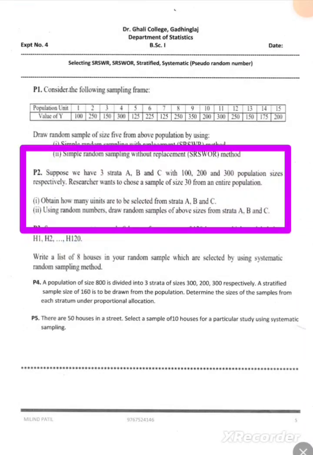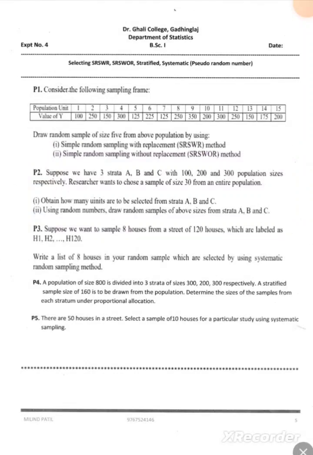In this example we have three strata A, B and C, in which the population sizes are 100, 200 and 300, and a researcher wants to choose a sample of size 30 from the entire population. Obtain how many units are to be selected from strata A, B and C. Using random numbers, draw random samples of the above sizes from strata A, B and C.